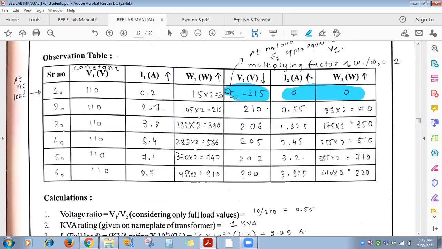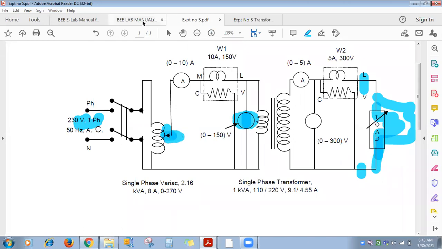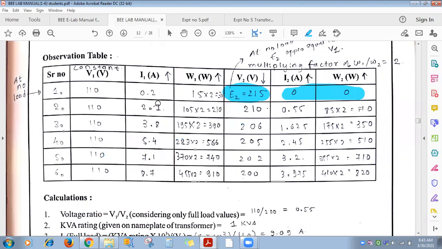Whatever voltmeter reading you get, mark that as E2, the no load voltage. Then from the second reading, go on connecting lamps in parallel: first 2 lamps in parallel, then 4, 6, 8 and 10. For every reading, observe this 110 volt. If it is not 110 volt, with the help of this auto transformer variable knob, make it 110 volt. And go on changing load, noting down all values.